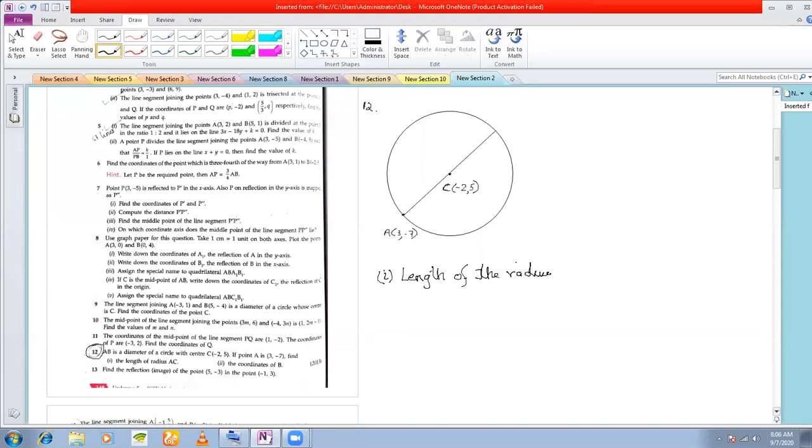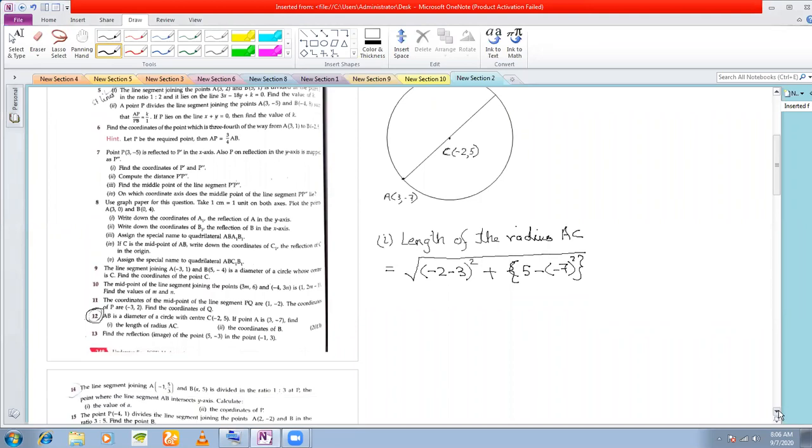Length of the radius AC is equal to distance formula, x2 minus x1, minus 2 minus 3 whole square plus 5 minus of minus 7 whole square. Okay, so this is your radius.